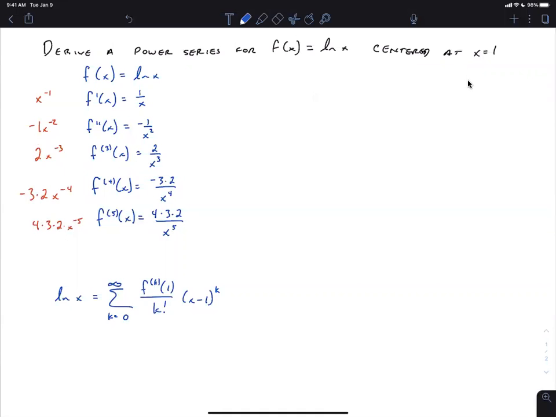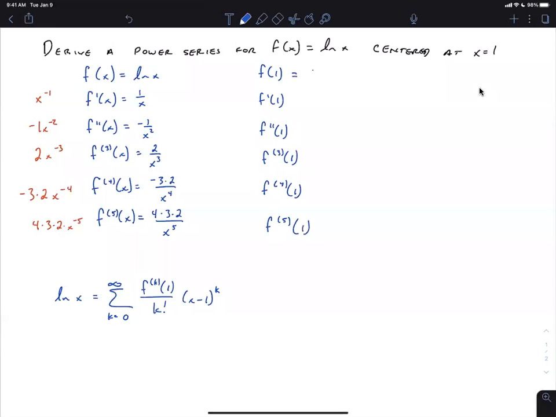We're then going to plug in the center for all of these. So we're going to do f of 1, and then f prime of 1, and f double prime of 1, and so on. And so if we do that, then the x part just becomes 1 to whatever power, and so basically goes away.